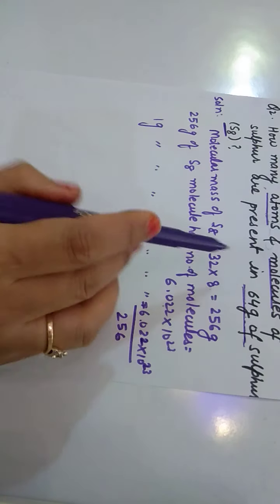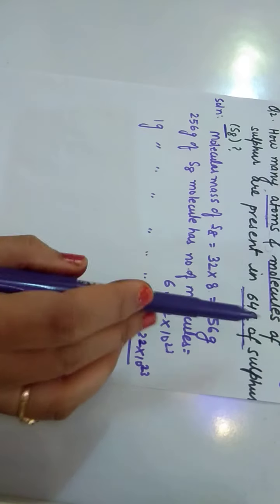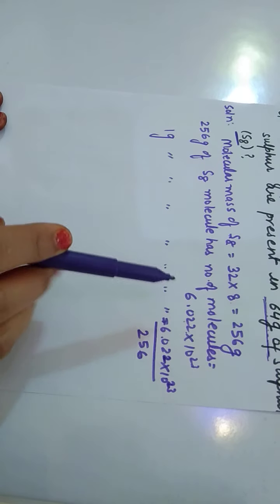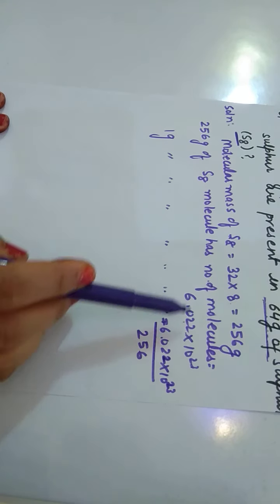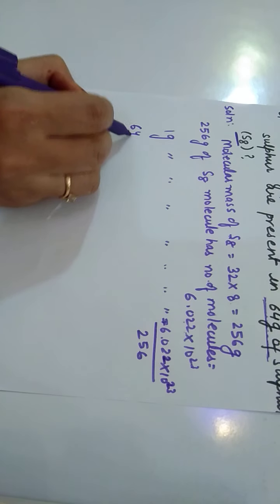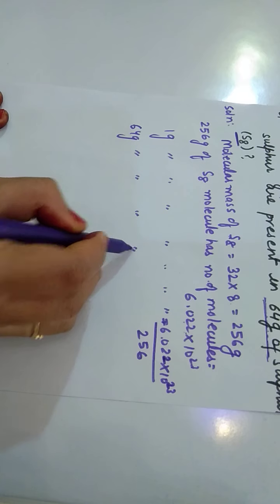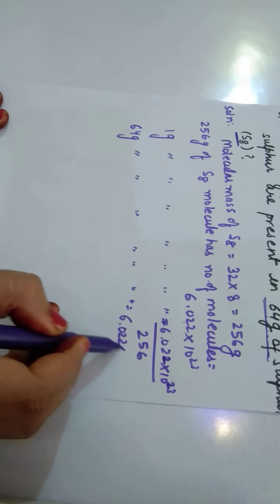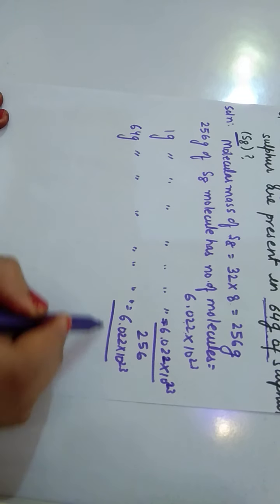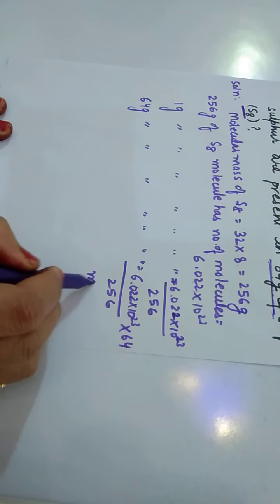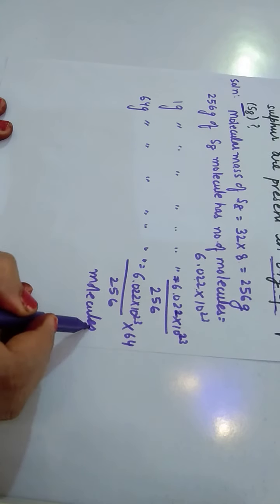So what is asked in the question? Are present in 64 gram of sulfur. So 256 has this much number of molecules, so 1 gram will have this divided by 256, so 64 gram will have, by unitary method, 6.022 into 10 to the power 23 divided by 256 into 64 number of molecules.